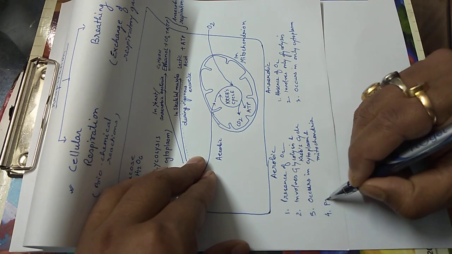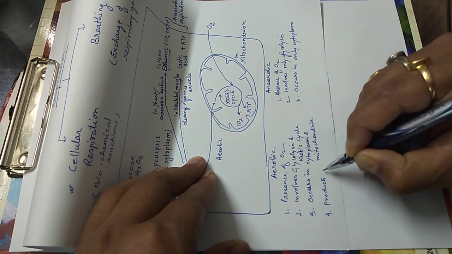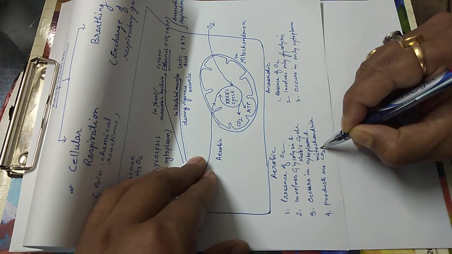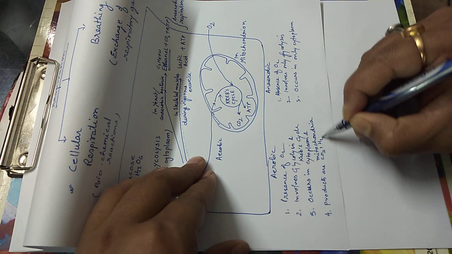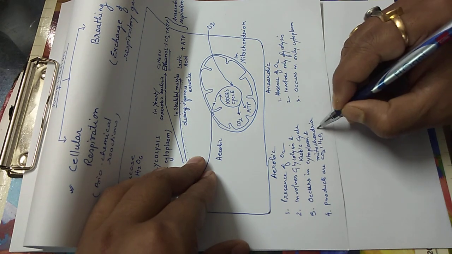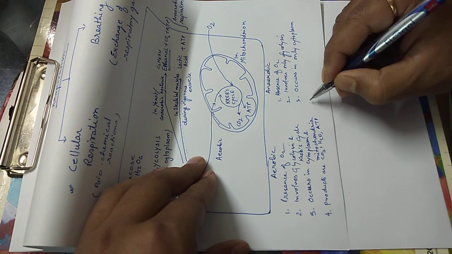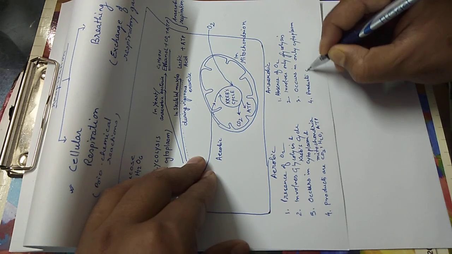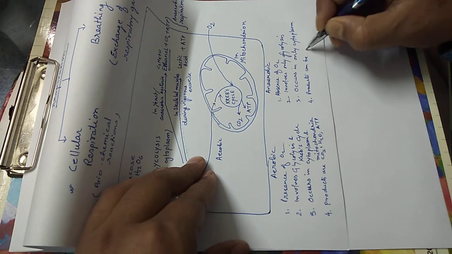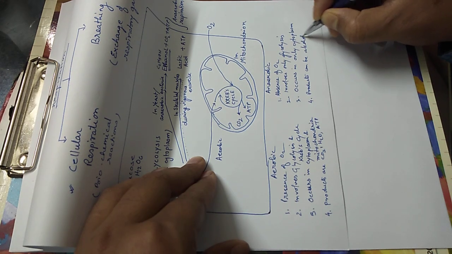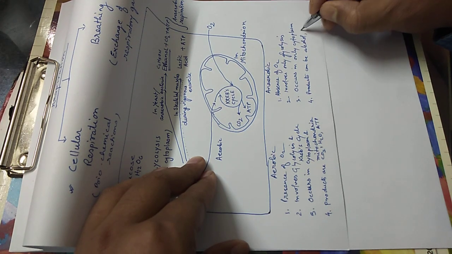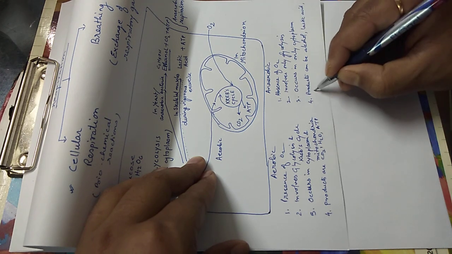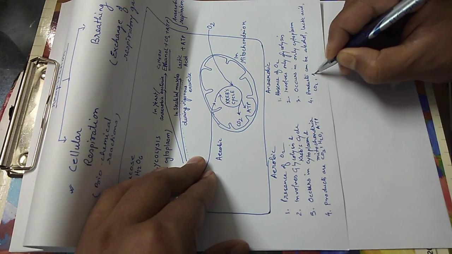Here the products are carbon dioxide, we even get water molecules, and ATP. Here depending on the pathway, products can be alcohol, it can be lactic acid, carbon dioxide is formed, and ATP is formed.